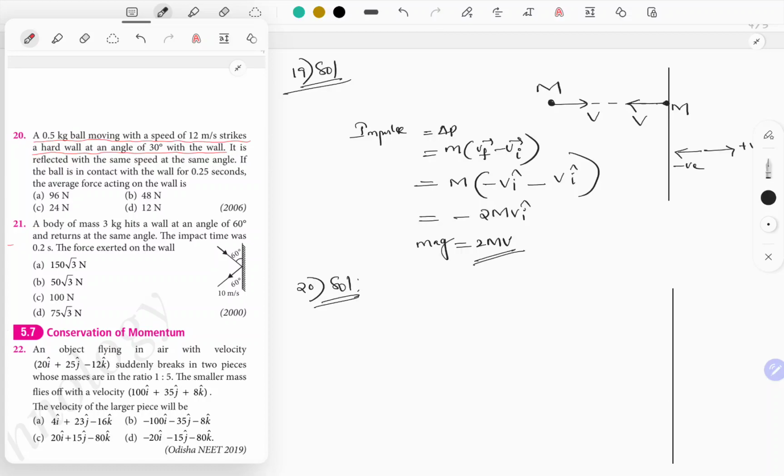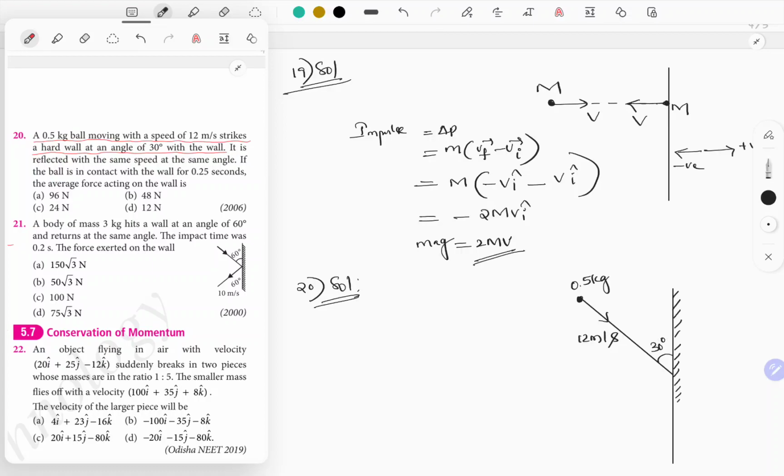A 0.5 kg ball moving with a speed of 12 meters per second strikes a hard wall at an angle of 30 degrees with the wall. So this is the wall, and with respect to the wall it is making an angle of 30 degrees.